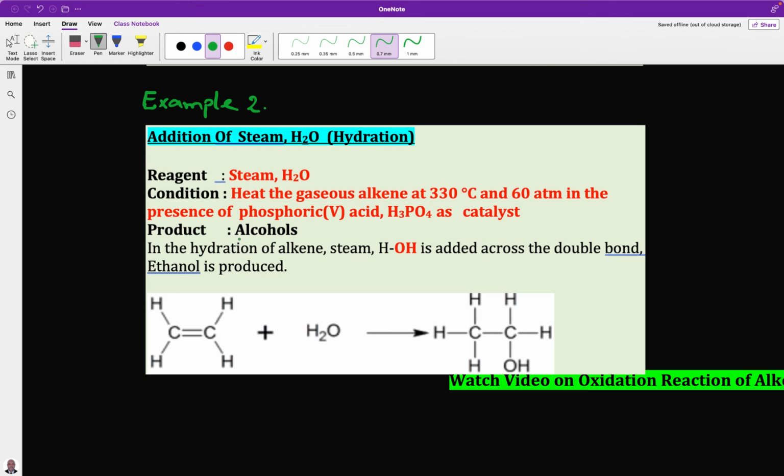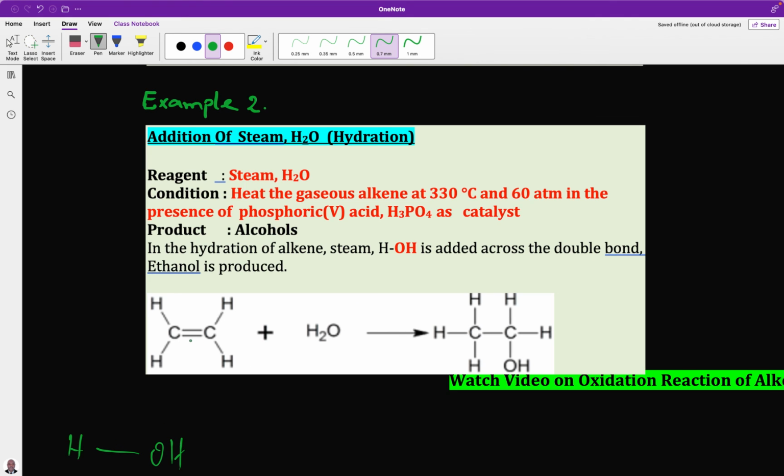Of course, the product is an alcohol that is usually produced. So, steam is hydrogen and OH.